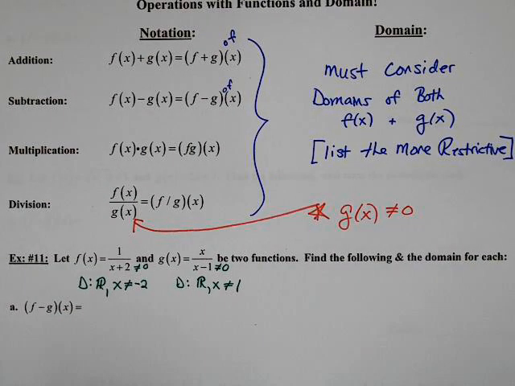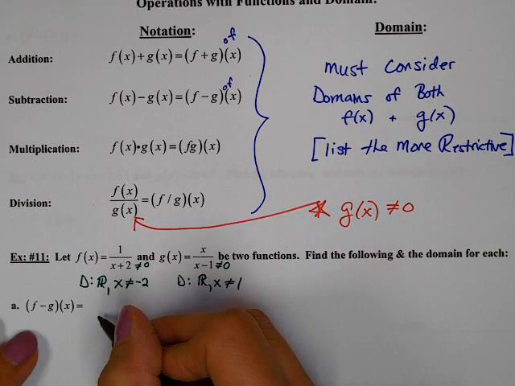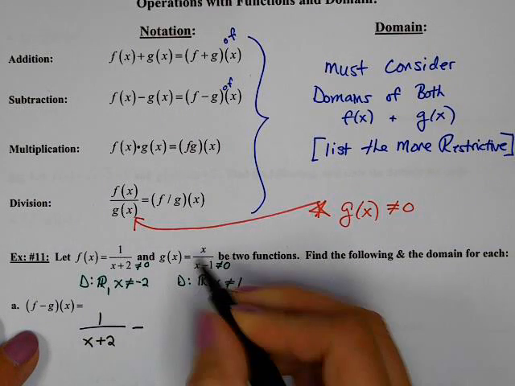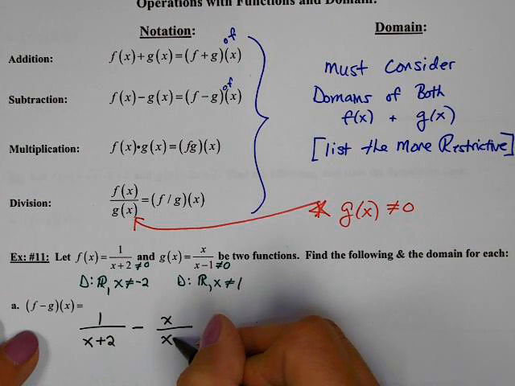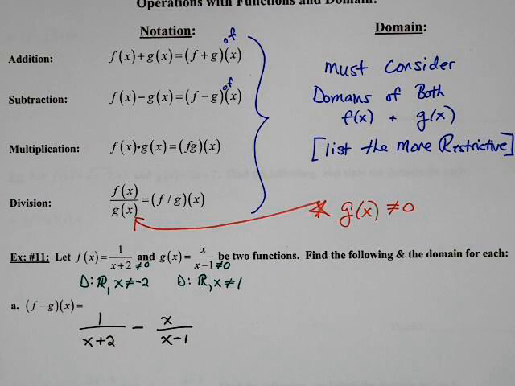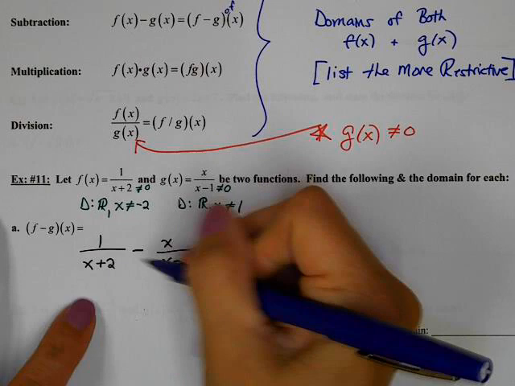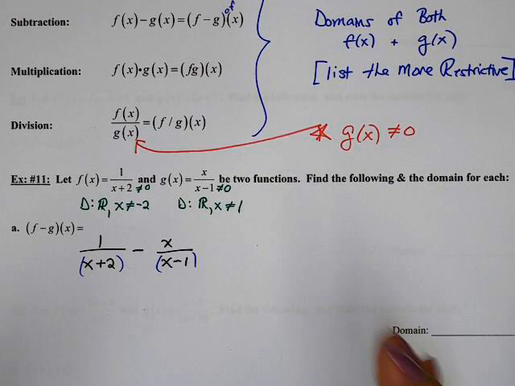All right, let's go ahead and do our operations. So f of x minus g of x is going to be 1 over x plus 2 minus the fraction x over x minus 1. And then we have to remember, when adding and subtracting fractions, we should always make common denominators. These are quantities here. We have to keep the quantity with parentheses just the way it is.